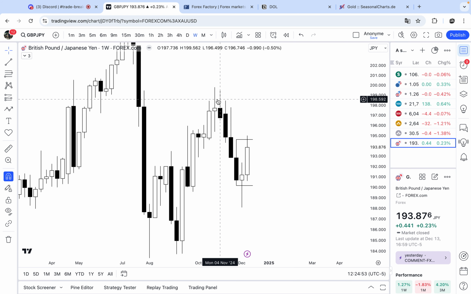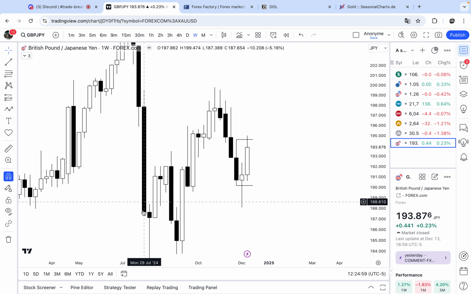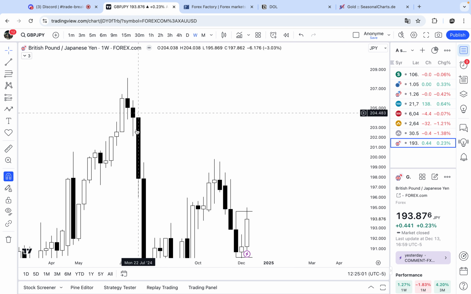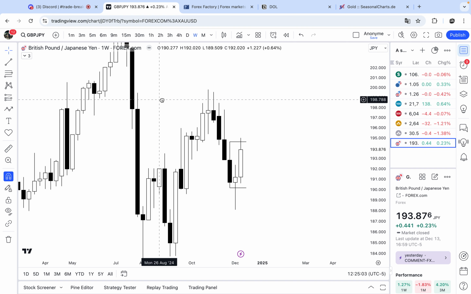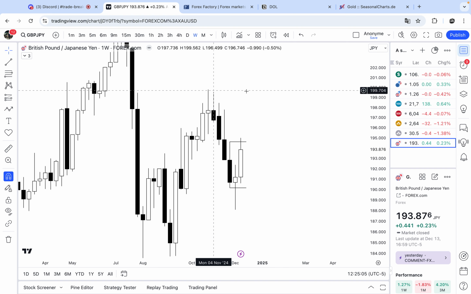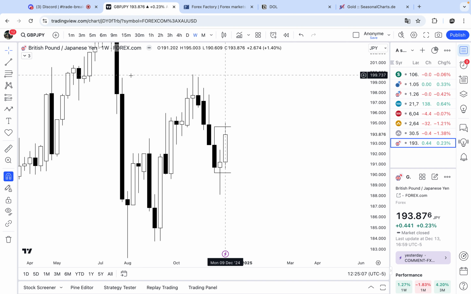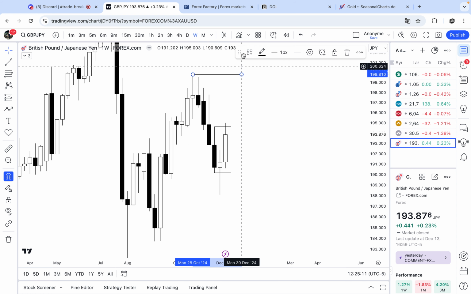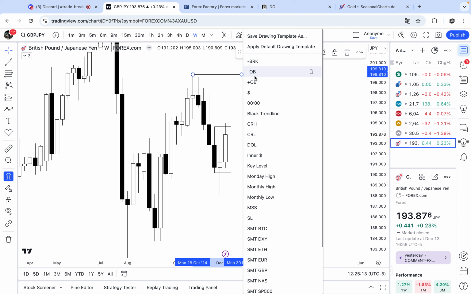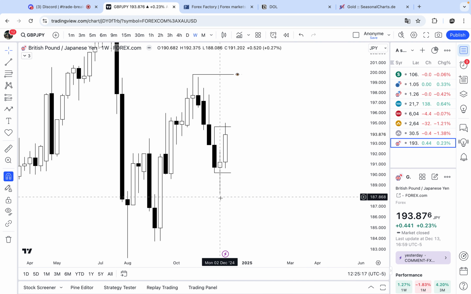Maybe. There's news, man. There's big news. Look, this is a weekly candle. Massive. Another weekly candle, so massive. So yeah, it can reach here. So we're gonna mark it up. This is a drawn liquidity. This is a drawn liquidity here also.